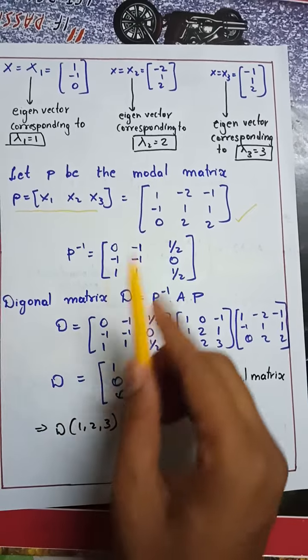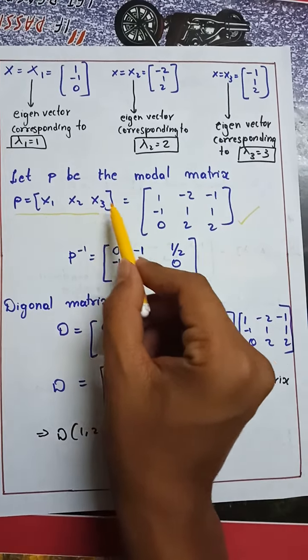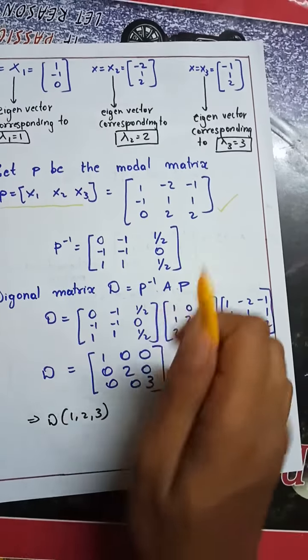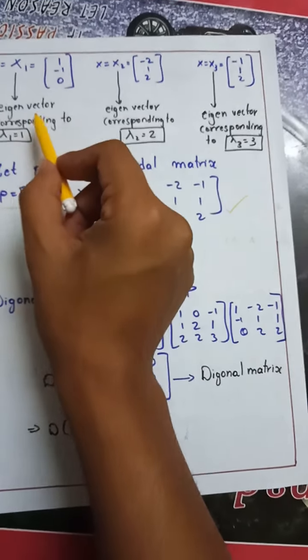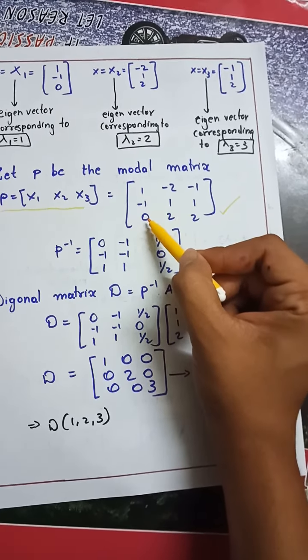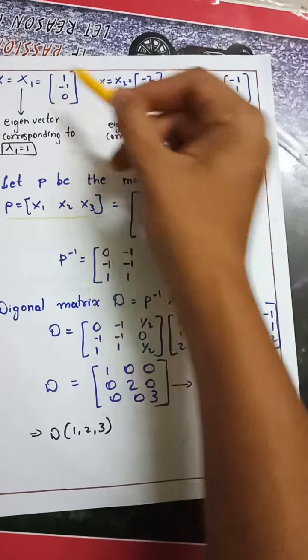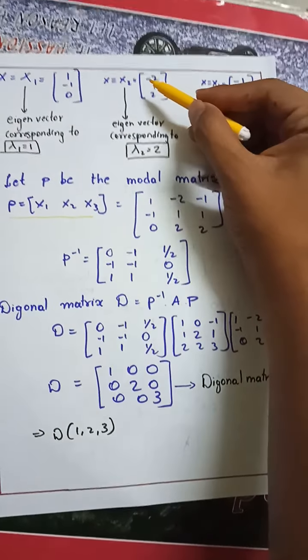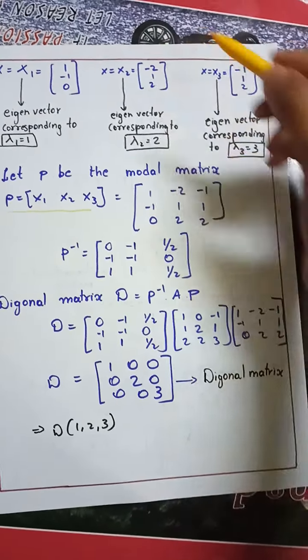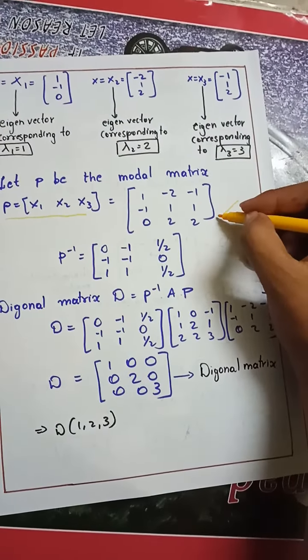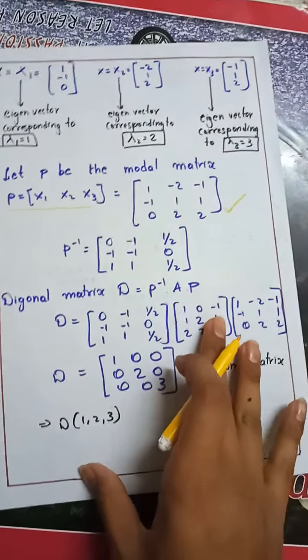So P is equal to [x1 x2 x3]. This is the model matrix combining the three eigenvectors: x1 is [1, -1, 0], the first eigenvector, then [-2, 1, 2], the second eigenvector, and [-1, 1, 2], the third eigenvector. So this is the model matrix.